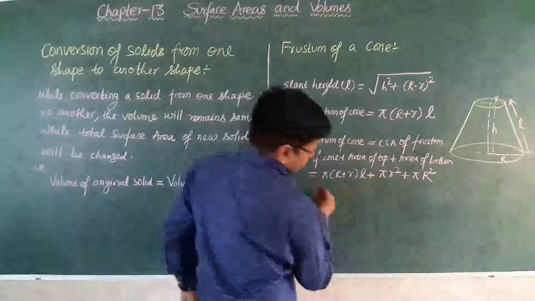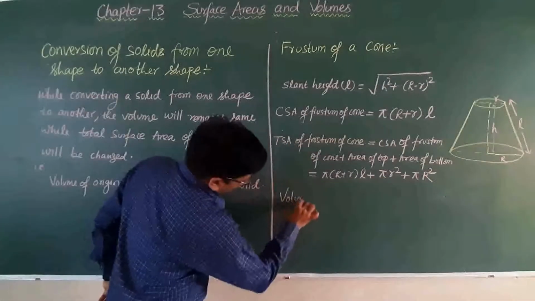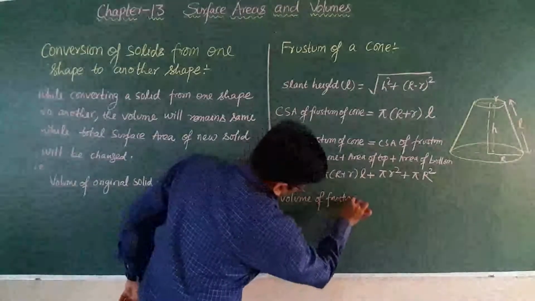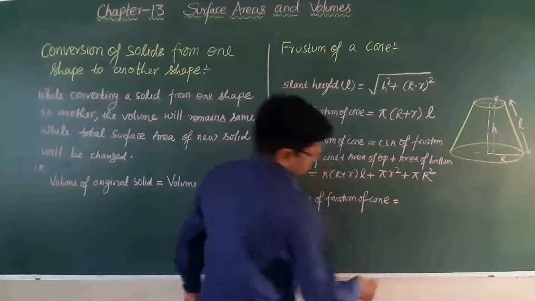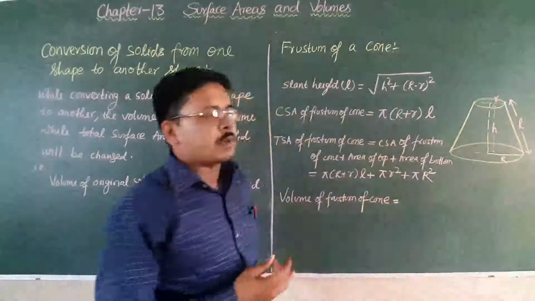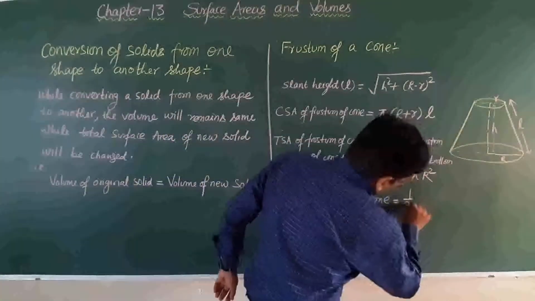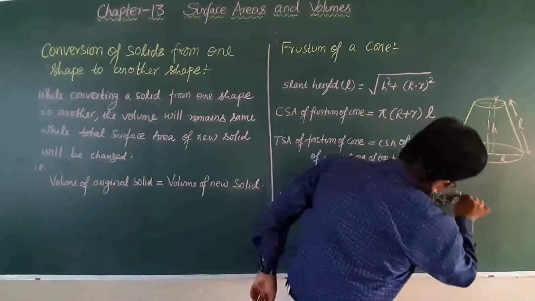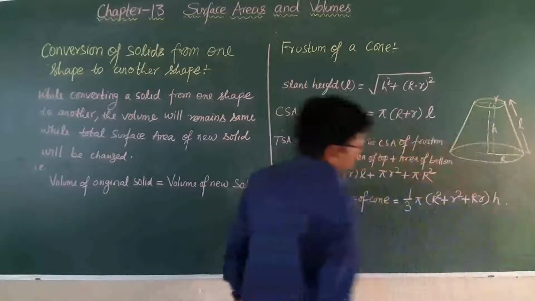Okay. Now the volume of the frustum of a cone. For a cone it was 1/3 pi r square h. Here it is 1/3 pi (capital R square plus small r square plus capital R into small r) into h.